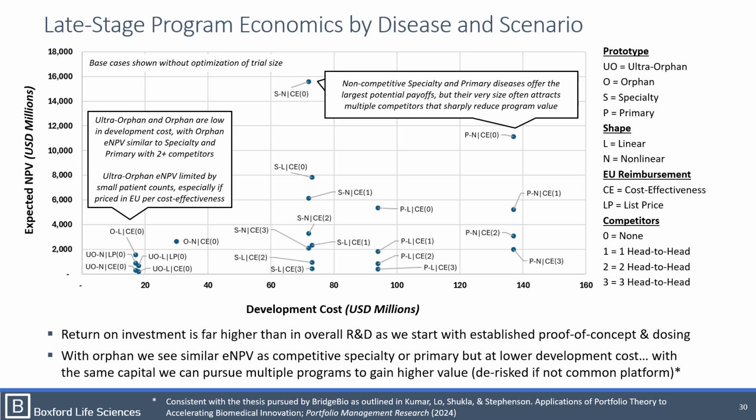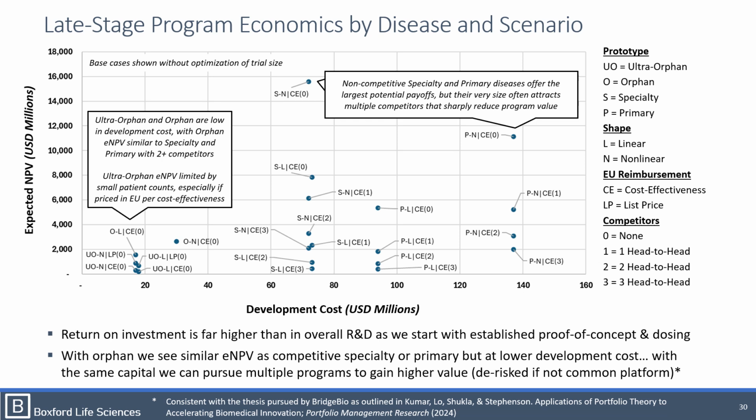The first thing is that we see, again, competition is so incredibly important to expected value in specialty and primary. Large diseases, large size of the prize, have a tendency to attract a lot of entrants that are doing similar things, all coming to market at about the same time.